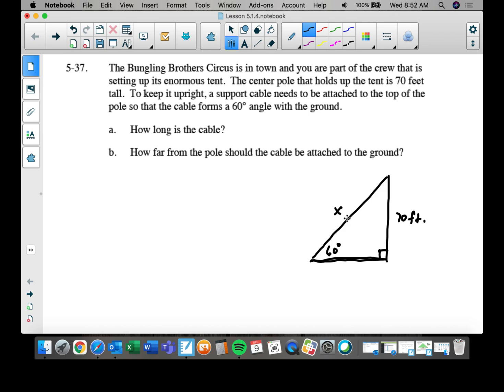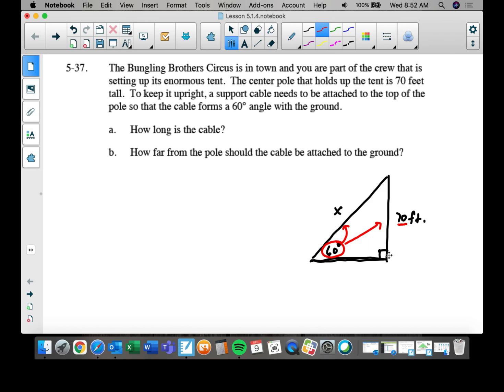So that tells me I need to use either sine, cosine, or tangent. If the 60-degree angle is the theta that I'm using, 70 then is the opposite leg to the 60-degree angle, and x is the hypotenuse.